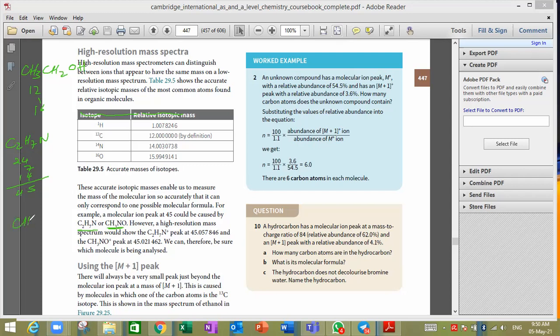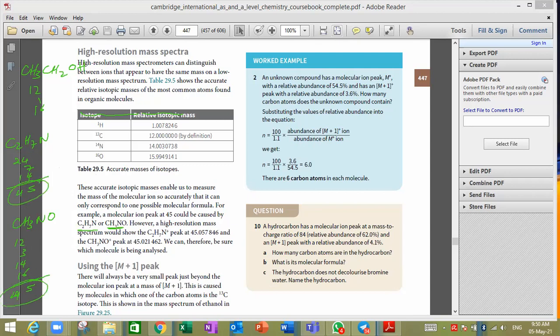Now, if I calculate for CH3NO, so 1 carbon, 3 hydrogens, 1 nitrogen, 1 oxygen, it's also 45. So both of them have this molecular mass, which is 45.